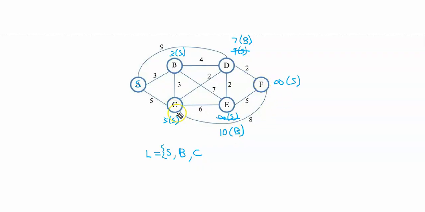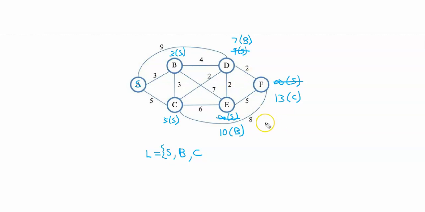Let's see, F is adjacent to C, and if I go 5 plus, I got to be careful here, it's 8. 5 plus 8, that's 13. That is definitely smaller than infinity, so 13C. And we're finished.